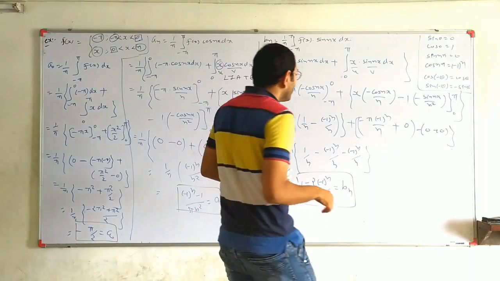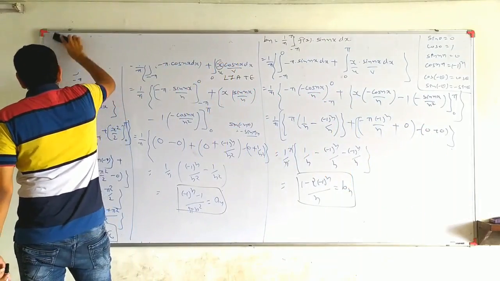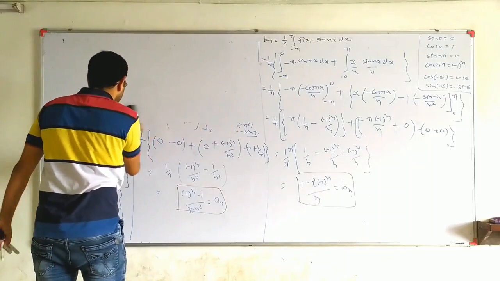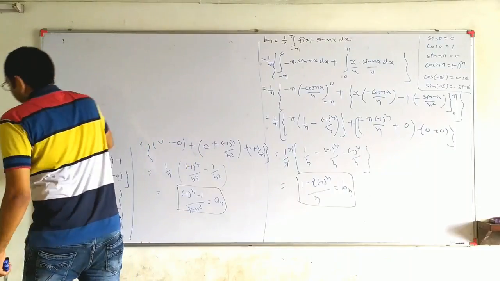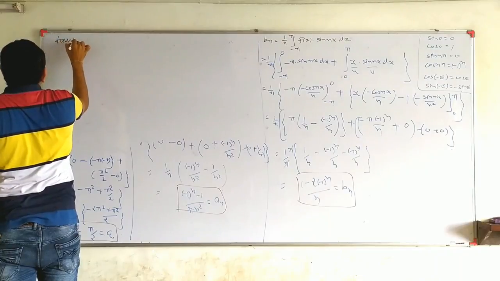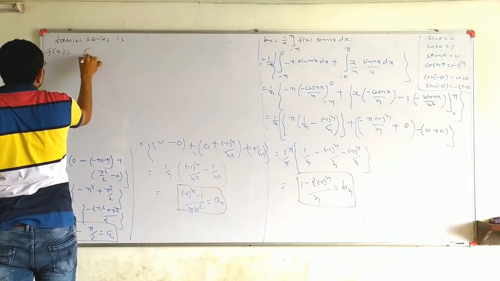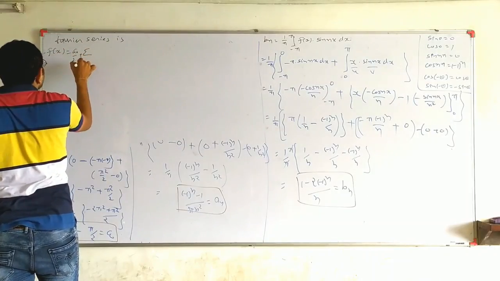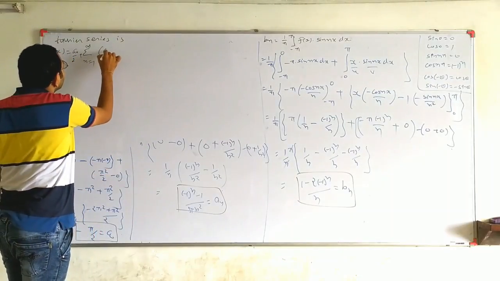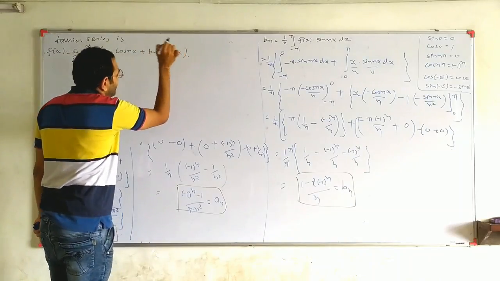Now substituting the values of a0, an and bn in the formula of Fourier series. Fourier series is f of x equal to a0 by 2 plus summation n equal to 1 to infinity an cos nx plus bn sin nx.